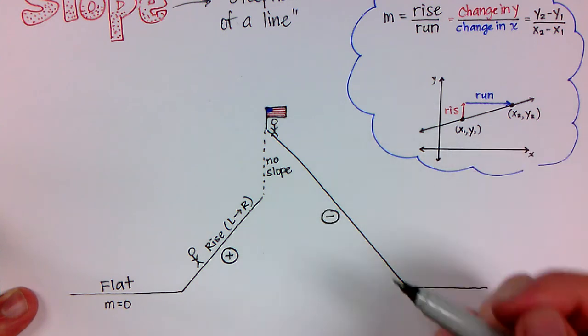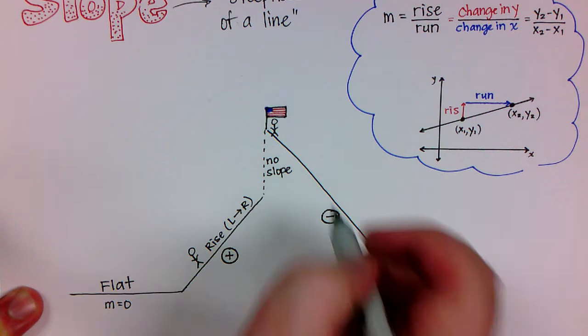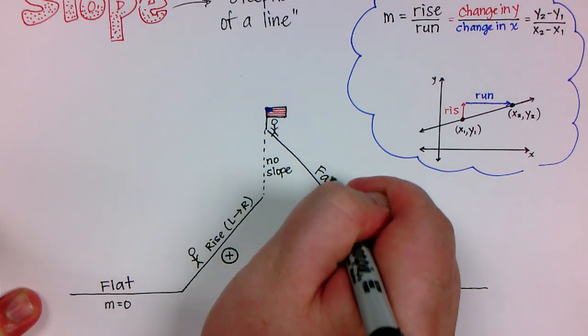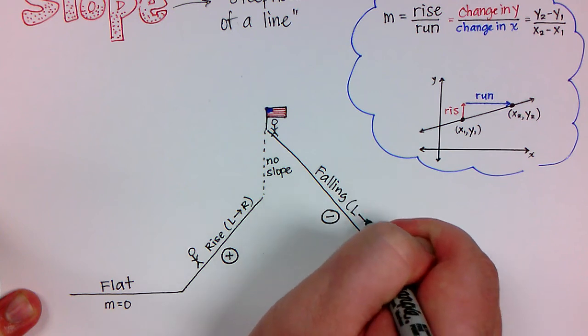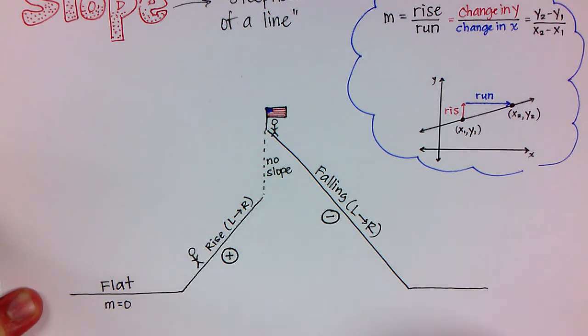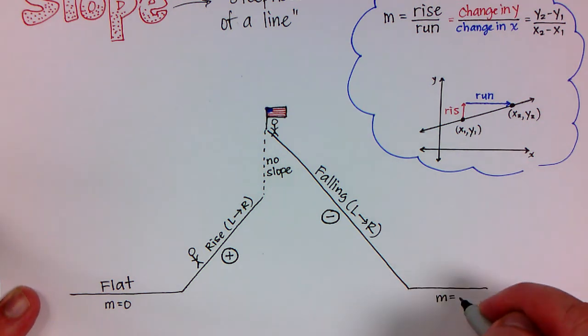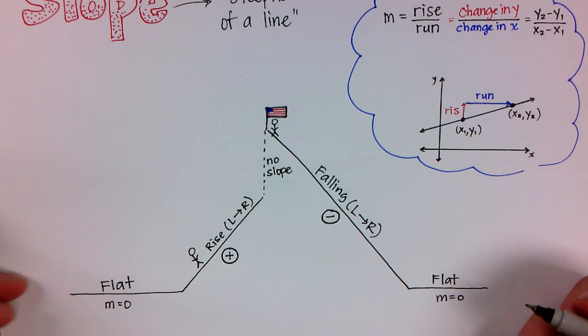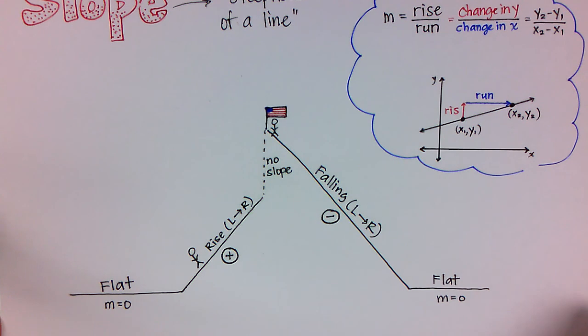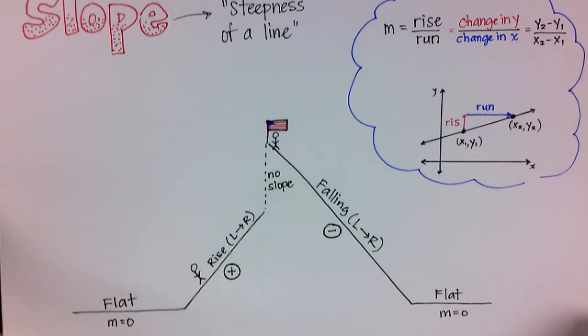Okay, so when you see a line and it looks like it's falling from the left to the right, I want you to always remember that that line is going to have a negative slope. And then we get back to flat ground, and again we know that our slope is going to be 0 because it's flat again. So let's just remember that for any of the different types of slope that we might see in any of our problems.